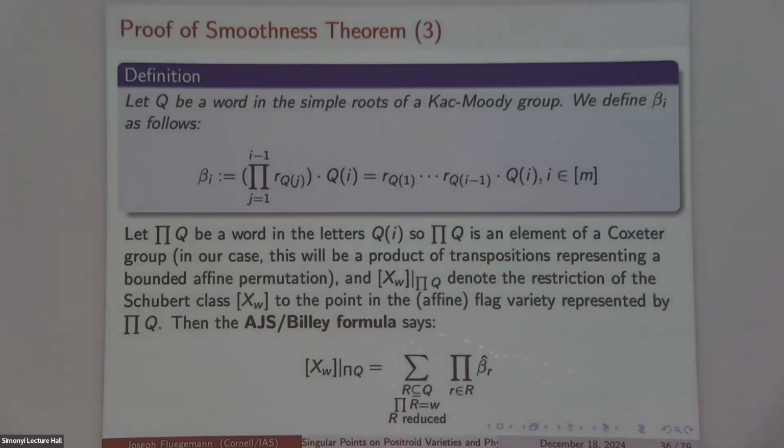All right, so this is the AGS Billy formula, it gives you the restriction. This is really just a relabeling, rewriting of what we had above. So it's a statement across all reduced words within some big words. So Q corresponds to all the letters within an affine pipe dream, and then W would be some combination of crosses inside the affine pipe dream that give you the Positroid variety.